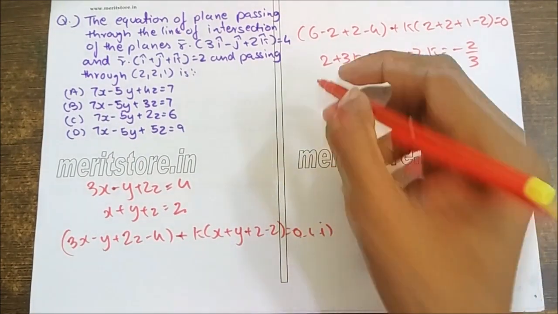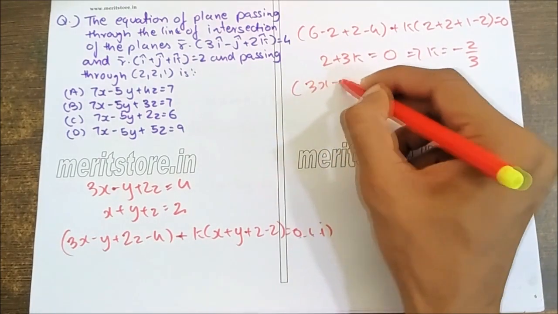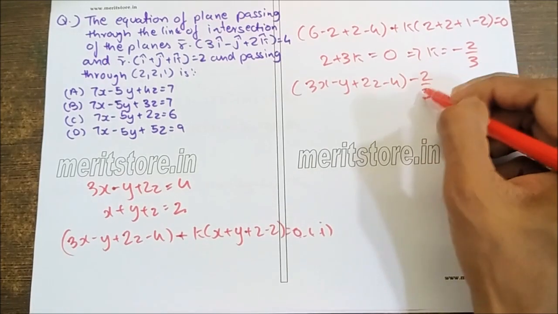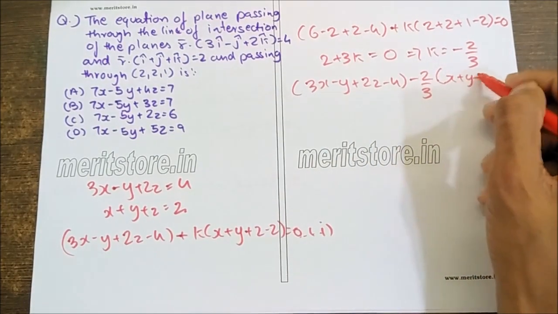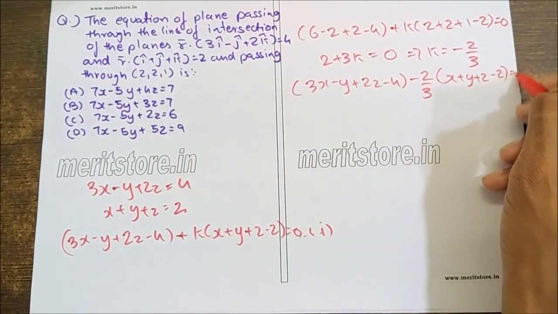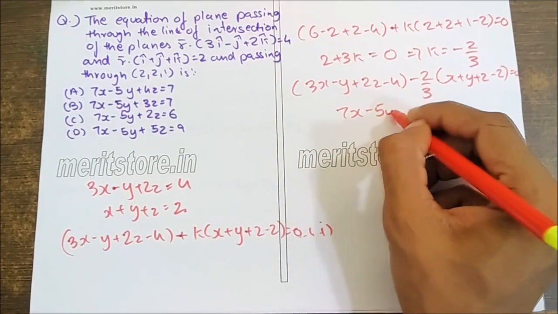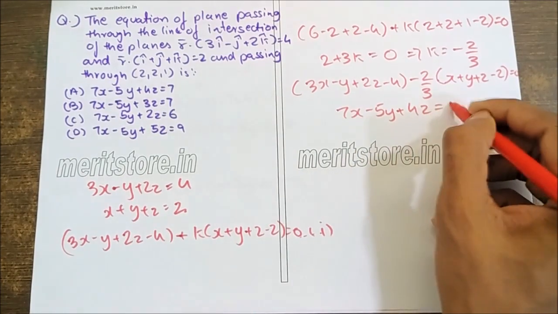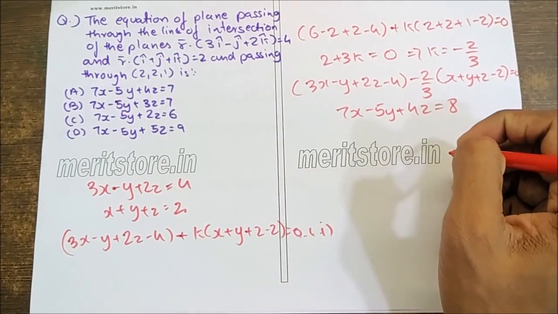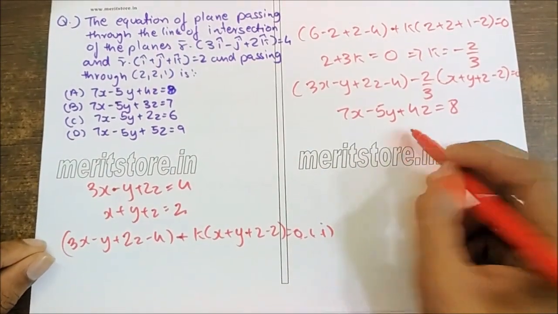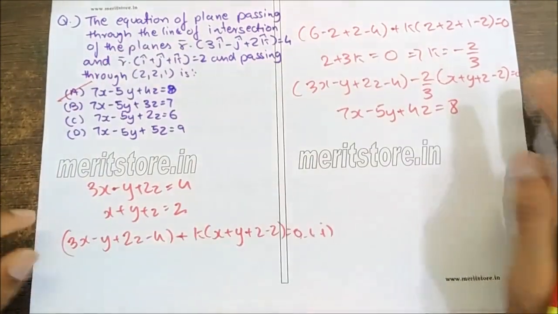So from 1 we get 3x minus y plus 2z minus 4 minus 2 by 3 (x plus y plus z minus 2) equal to 0, which we solve further, and we get 7x minus 5y plus 4z is equal to 8. Therefore, our answer matches with option A. Therefore, option A is the correct answer.